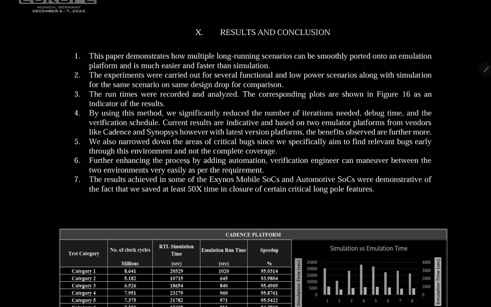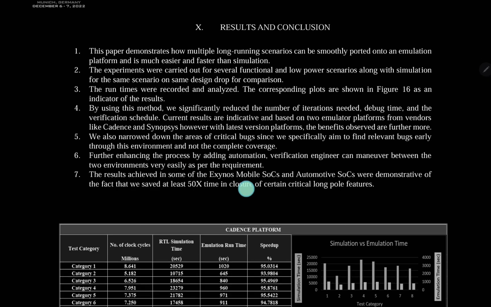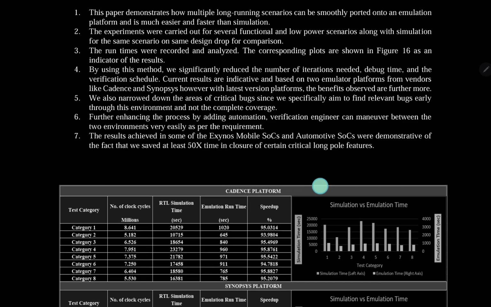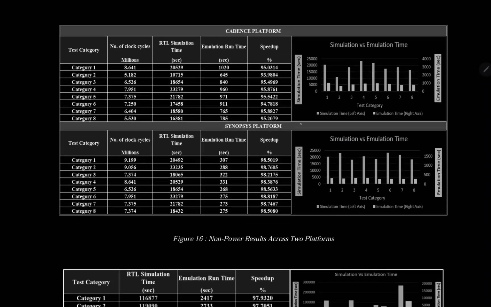Further enhancing the process by adding automation, verification engineers can maneuver between the two environments very easily as per the requirement. The results achieved in some of the Exynos mobile SoCs and automotive SoCs were demonstrative of the fact that we saved at least 50 times the time in closure of certain critical long-pole features.